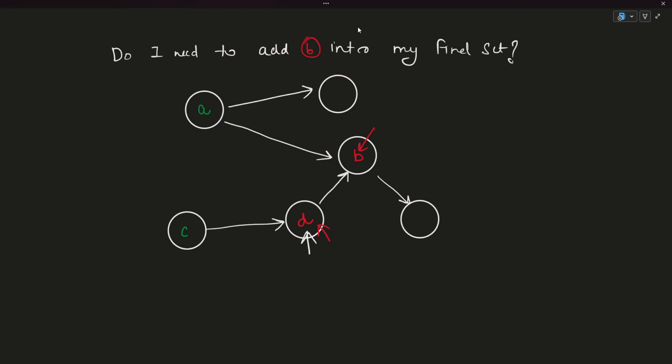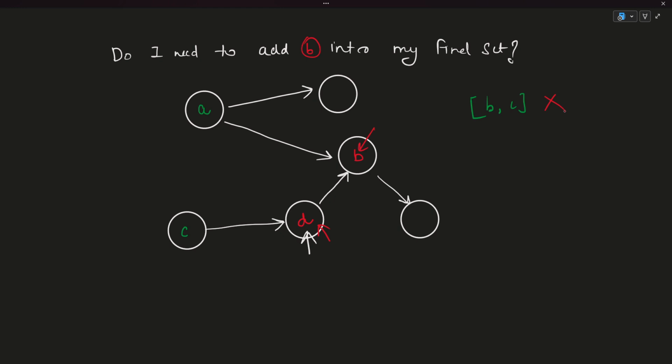So from this example we got a very big clarity: the vertices which are reachable from some other vertices will not be a part of our final answer. So B and D will not be a part of our answer. From this we got a very big intuition.